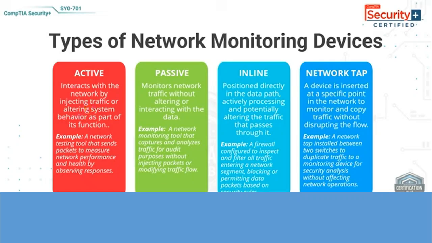For example, a network tap installed between two switches duplicates the traffic to a monitoring device for security analysis without affecting network operations. So here we have four types of network monitoring devices: active, passive, inline, and network tap.